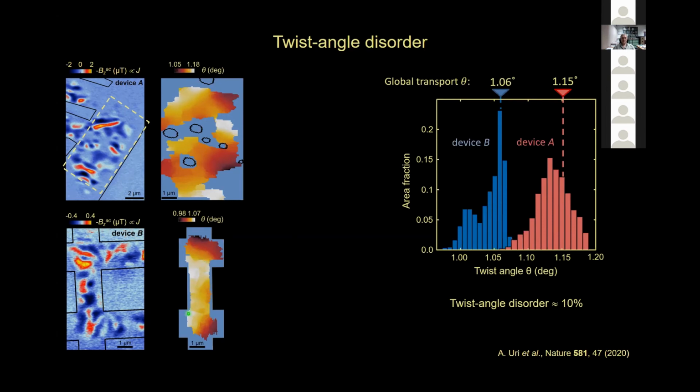And if one looks at the twist angle map, it becomes obvious why, because this is our Hall bar. We drive current from here to here and measure voltage between these two contacts. And therefore, we'll probe mainly the central part of the Hall bar, which you can clearly see has a higher twist angle. This is this distribution, whereas the lower part of the distribution belongs to these more remote regions, which are hardly probed by transport measurements.